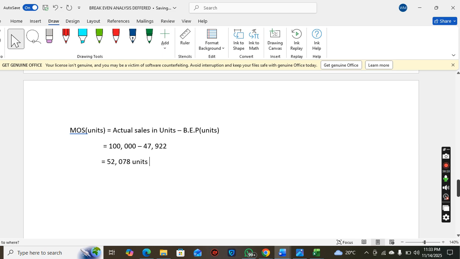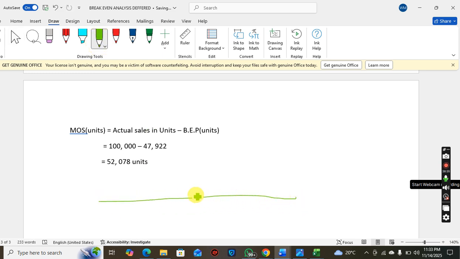Okay. So basically, think of this as a number line. This is 47,922. Any point below this is a loss. This is your break-even point here, BEP, and then these are your 100,000 units.